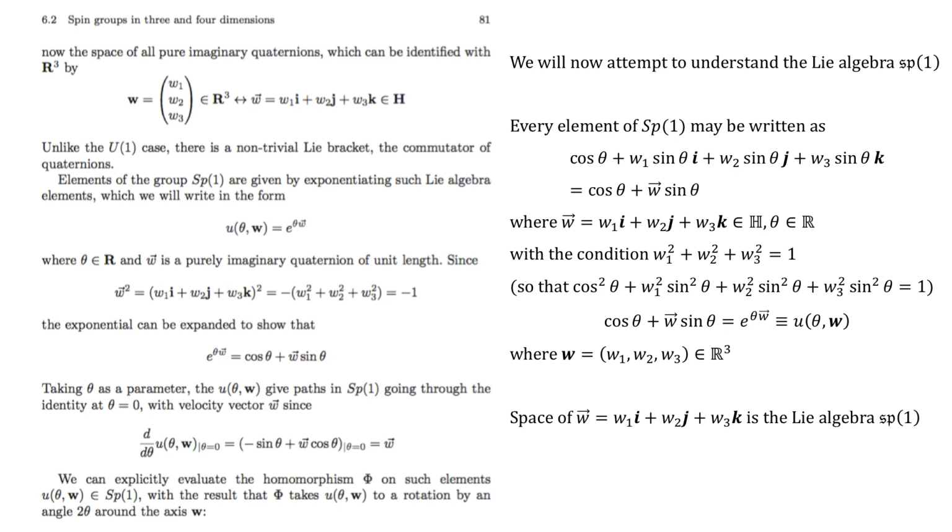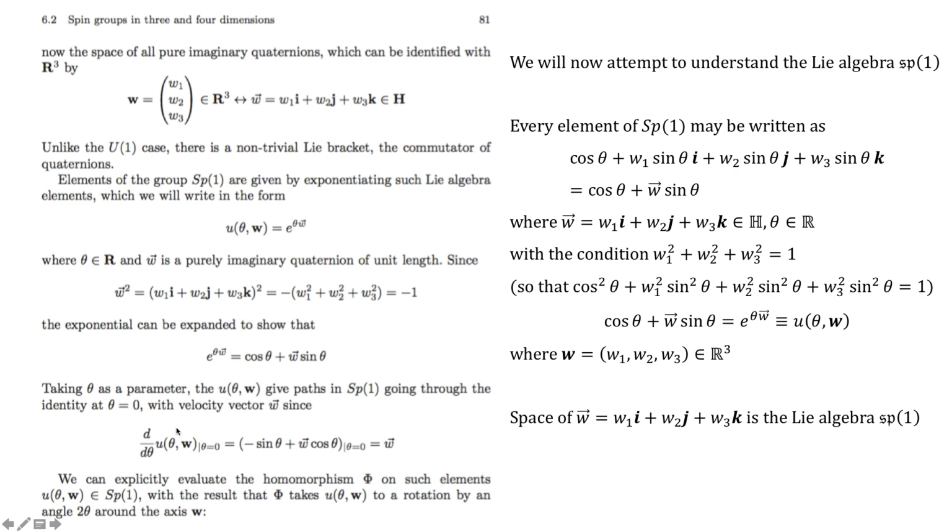So noting, if we define this to be a curve in SP1, where the parameters of the curve are theta and W, and varying theta, we will get a curve, a one-parameter subgroup of SP1. If we note that theta equals 0 would give the identity element in SP1, then we can define the velocity vector at the identity element by taking the derivative of the curve parameterized by theta, and evaluating at theta equals 0, which is the identity element.